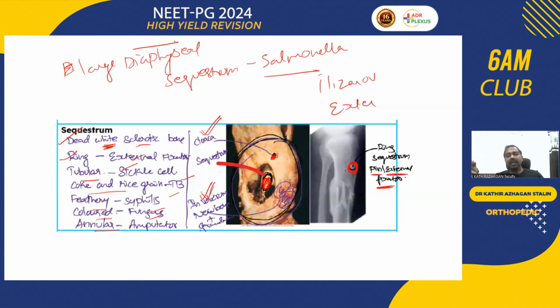Then they asked what could be the potential organism. The answer is salmonella, because diaphyseal osteomyelitis can happen very commonly among sickle cell anemia patients, and the organism causing it is usually salmonella.